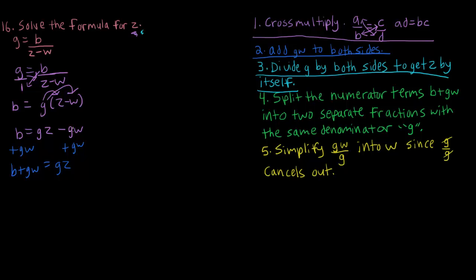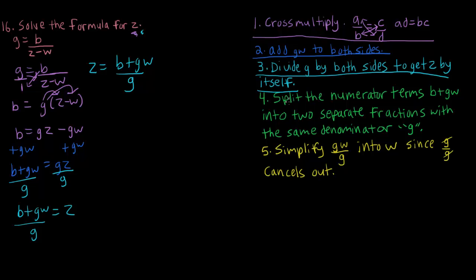Again, we're solving for z, so we want to get z by itself. So divide g by both sides of the equation, and we end up with b plus gw over g equals z. So let's write that again up here. We have z equals b plus gw over g.